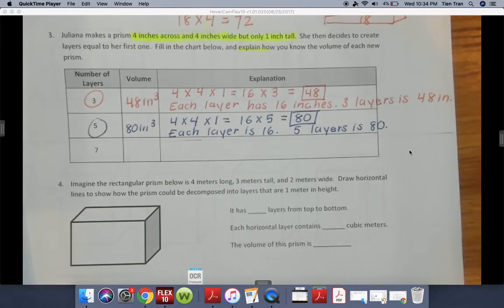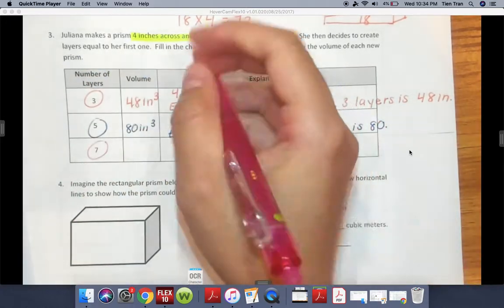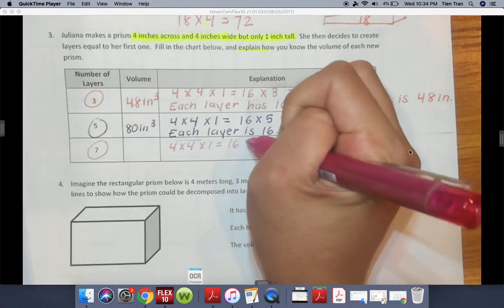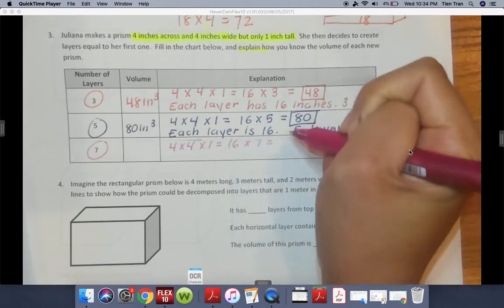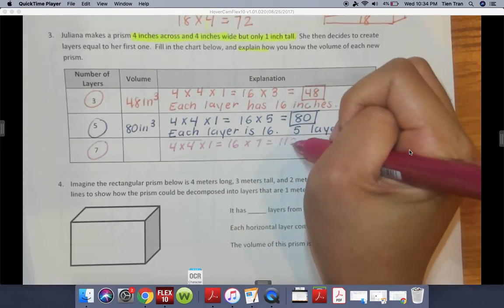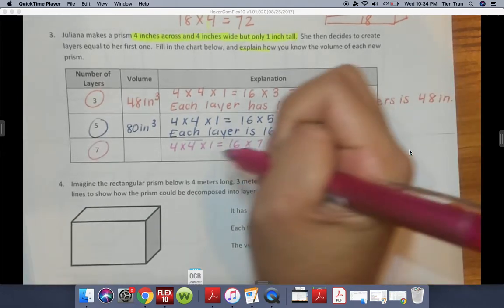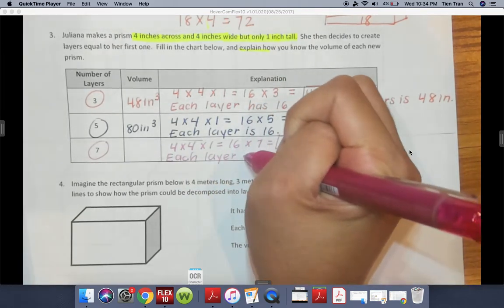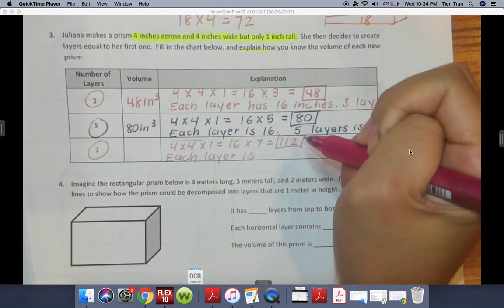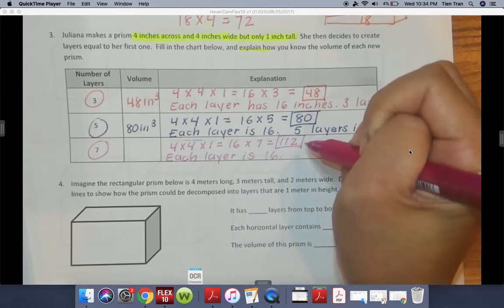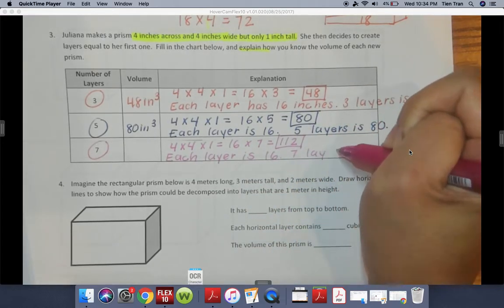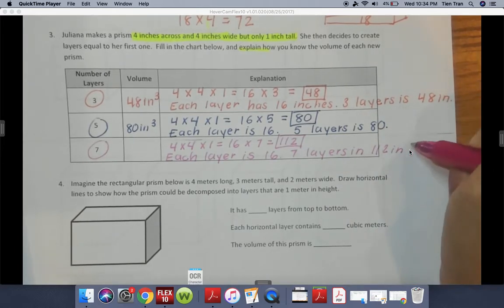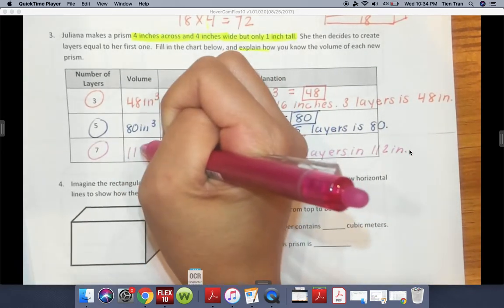For 7 layers, same thing, 4 times 4 times 1 is 16. I multiply it times 7, which is going to give me 112. So each layer is 16. 7 layers is 112 inches cubed.